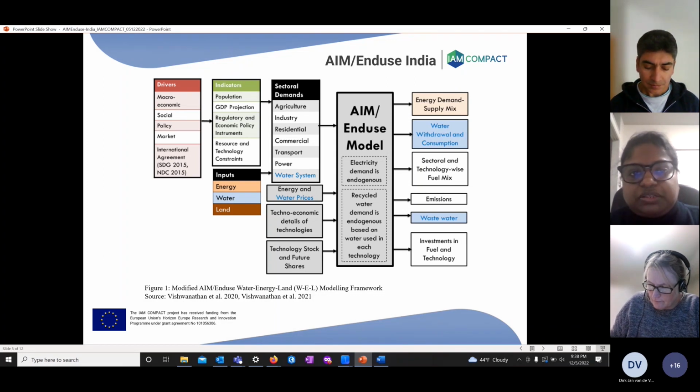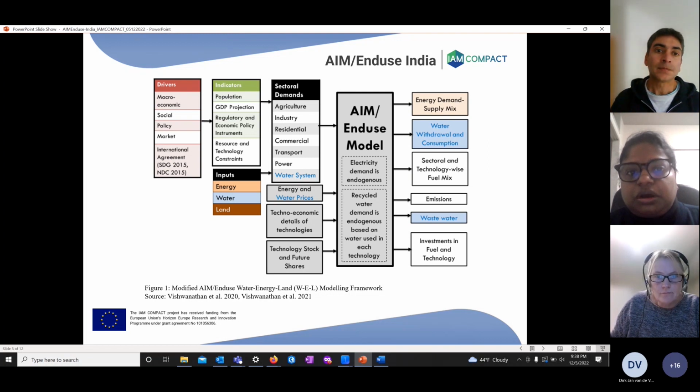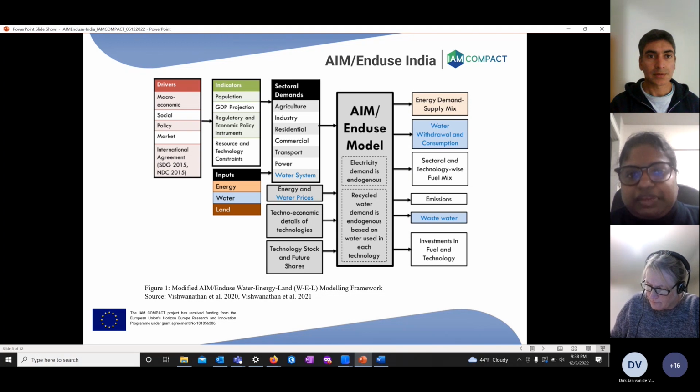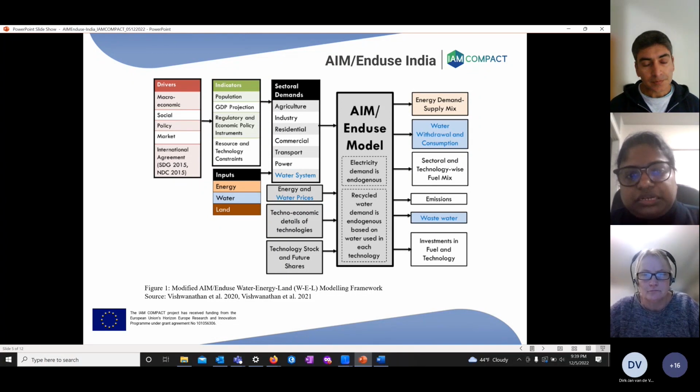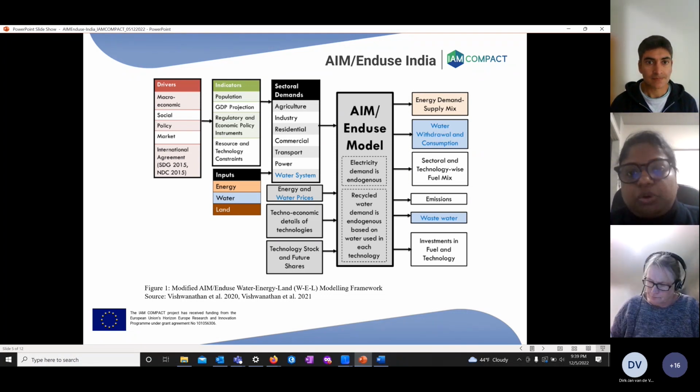So what we have done is the agriculture, industry, residential, commercial, transport, power sector, and we developed the energy model, and we added the water systems module to this model. So the current AIM India version has both energy and water integrated inside the model.